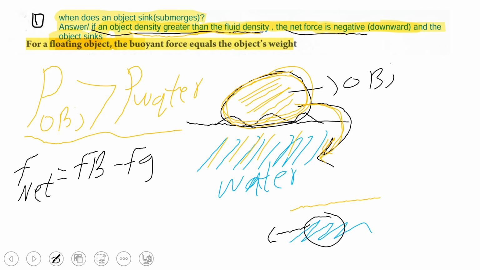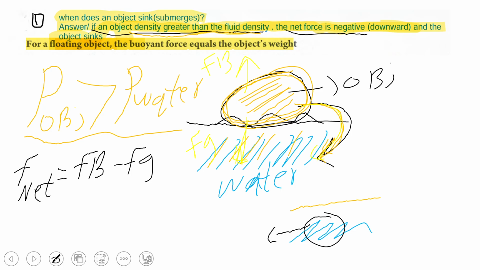Why, when the object goes under the water, will the net force be negative? Look at the picture. The direction of the buoyant force is always upward, and the direction of the gravity force, Fg, is always downward. When the object goes under the water, it moves in the same direction as gravity.